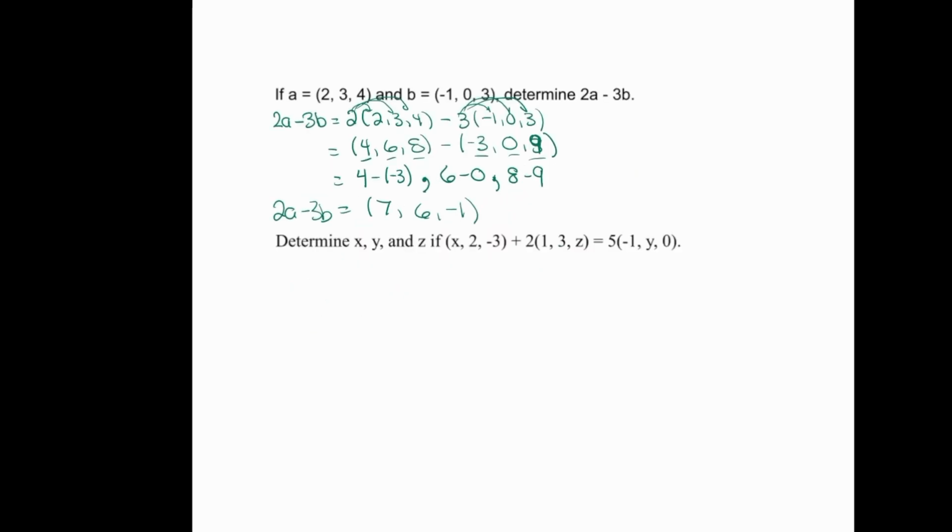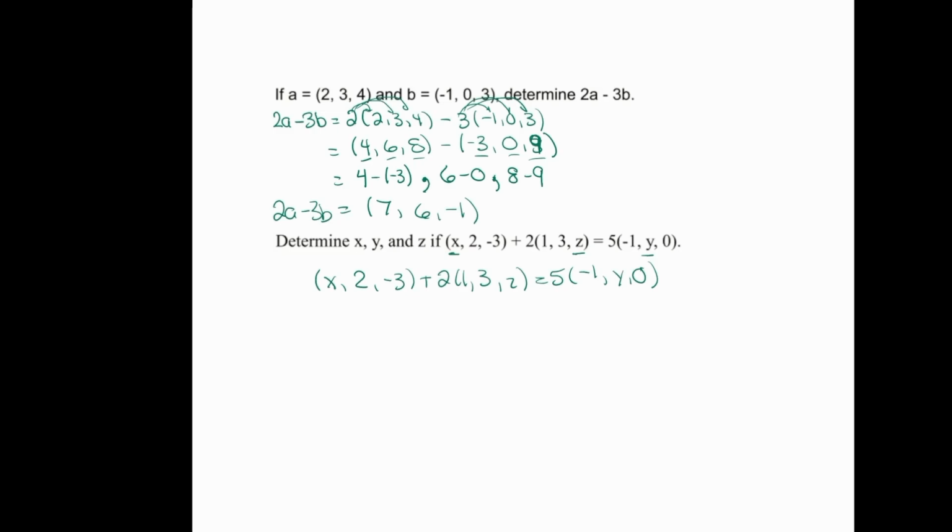We can use the same idea if we're missing values and we want to determine what those missing values are. So in this case, we want to determine x, z, and our missing value of y. So a missing value of x, a missing coordinate for z, and a missing coordinate for y. We're going to set it up exactly the same way. So what do we know? Well, we know x, 2, negative 3, plus 2 times 1, 3, z is equal to 5 times negative 1, y, and 0.